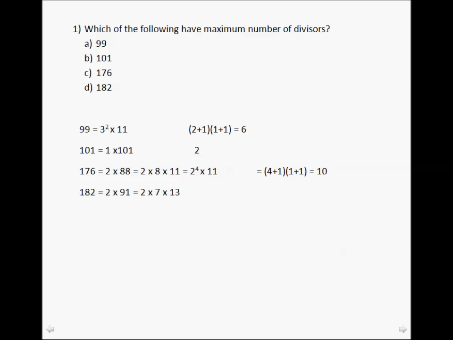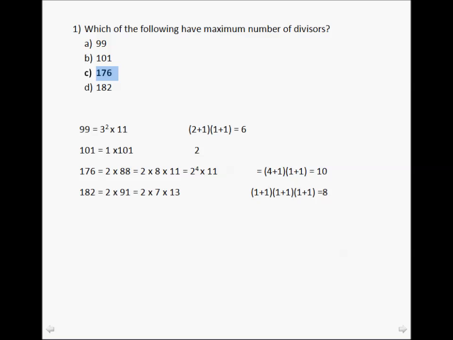And for this the number of factors would be 1 plus 1 into 1 plus 1 into 1 plus 1, which is 2 cube and which is 8. So the highest number of factors are for this number 176, which are coming to be 10. So answer would be 176. 176 is our answer. I hope the concept is clear how to find the number of factors.